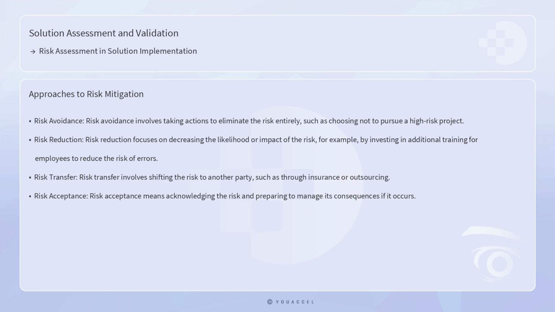Risk reduction focuses on decreasing the likelihood or impact of the risk, for example, by investing in additional training for employees to reduce the risk of errors. Risk transfer involves shifting the risk to another party, such as through insurance or outsourcing. Finally, risk acceptance means acknowledging the risk and preparing to manage its consequences if it occurs.